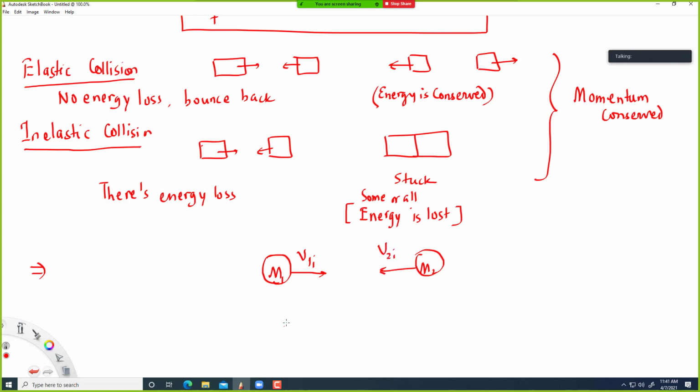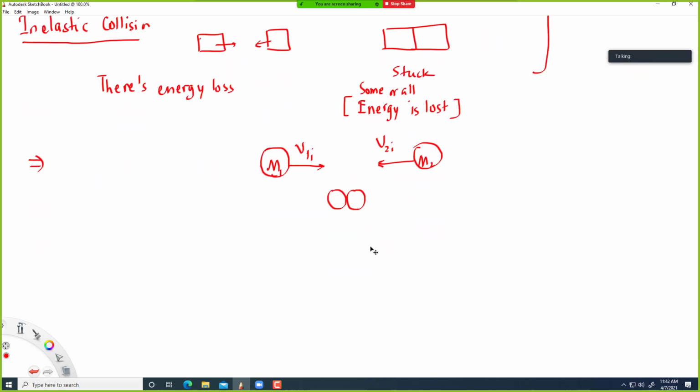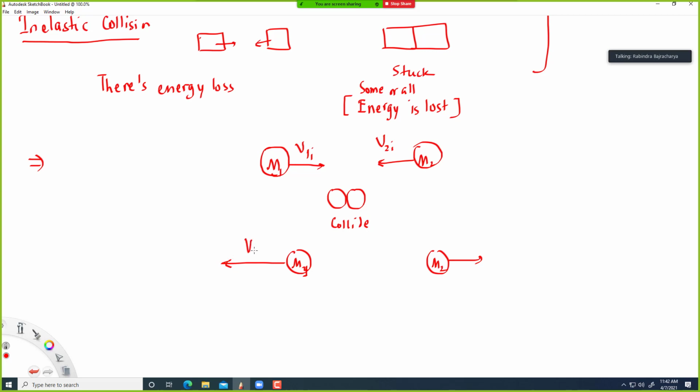So they collide with each other elastically. They go through some elastic collision, and then they bounce back in the opposite direction. So this one moves at v1 final, and this one moves at v2 final.